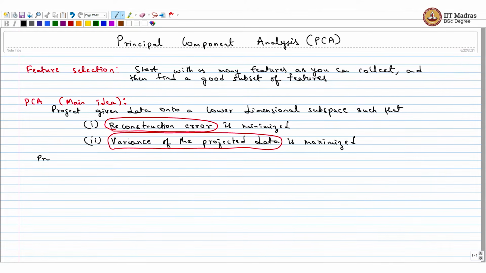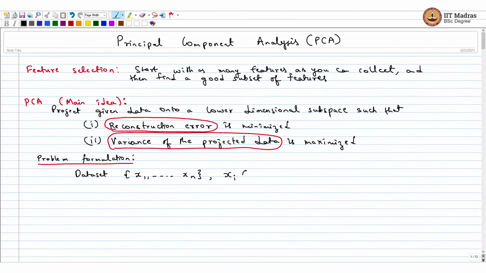here is a problem formulation. Suppose you are given a data set which is x1 until xn, where each xi belongs to the three-dimensional Euclidean space.